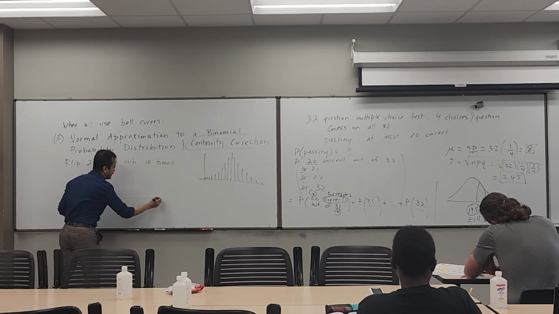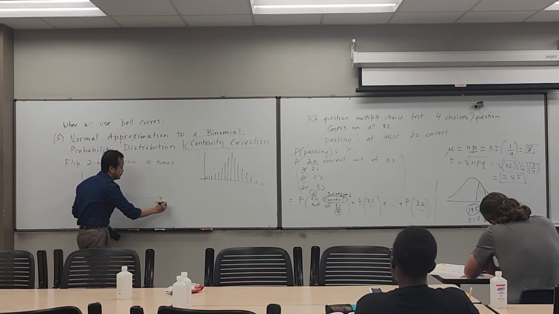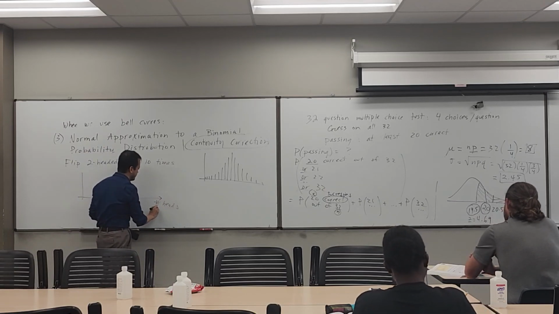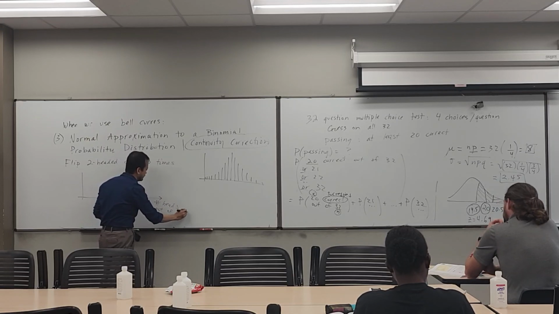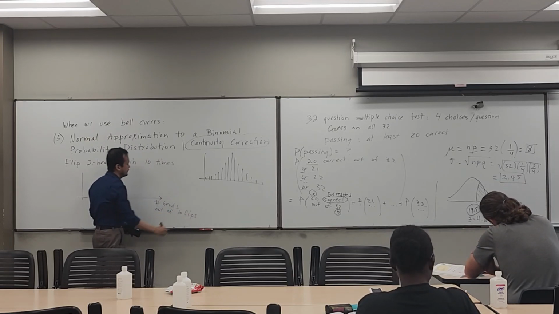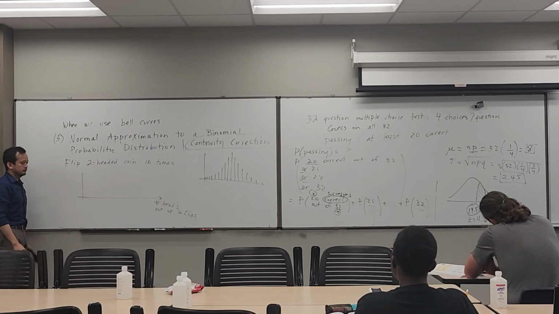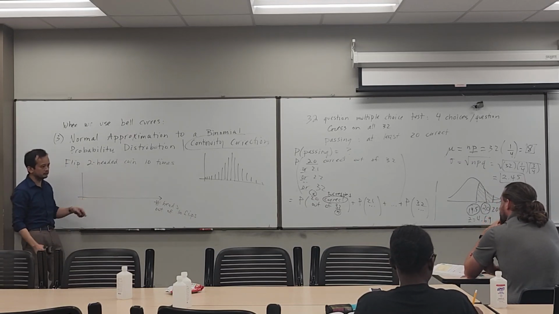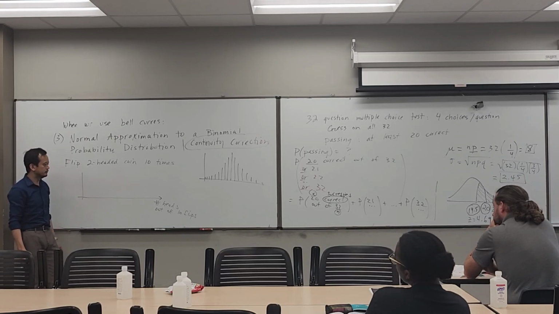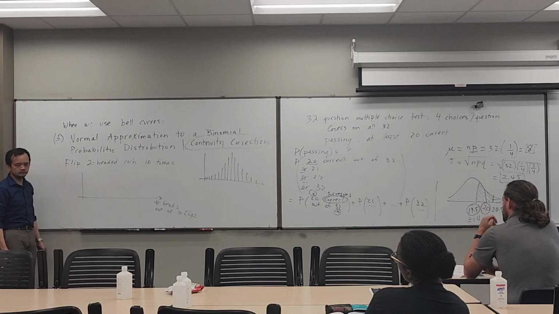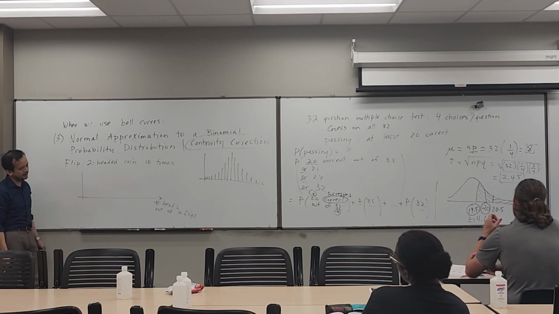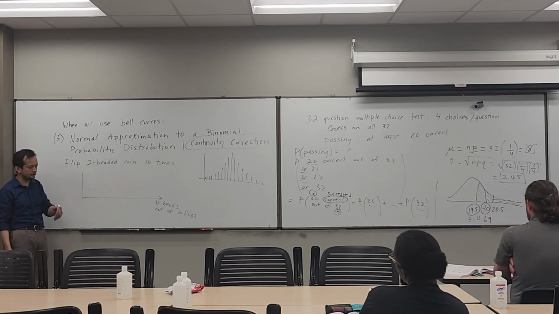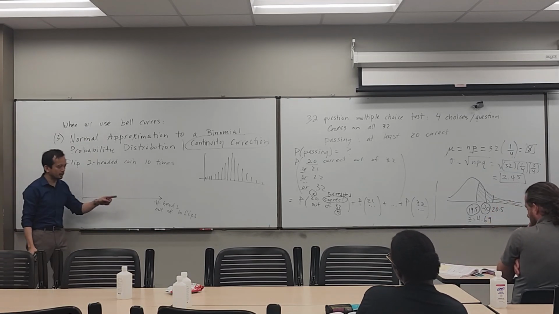And so if we're keeping track of the number of heads that we observe out of the 10 flips, then what do you think the distribution will look like? It'd be a horizontal line. Okay, you're on the right track. So maybe definitely not a bell curve, and definitely it can't be approximated with a bell curve. But let's work up to that.